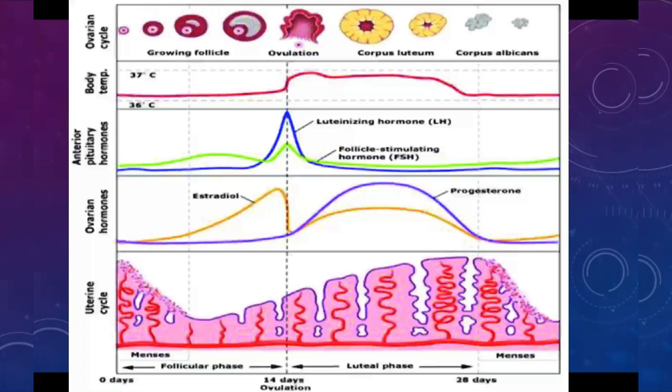All right, so after ovulation, we have the luteal phase. It is here that the corpus luteum, which is the ruptured structure that released the egg, is not going to break down. What it's going to do instead, it's going to release progesterone, right? Progesterone is going to thicken the lining of the uterus, which prepares the woman for pregnancy.